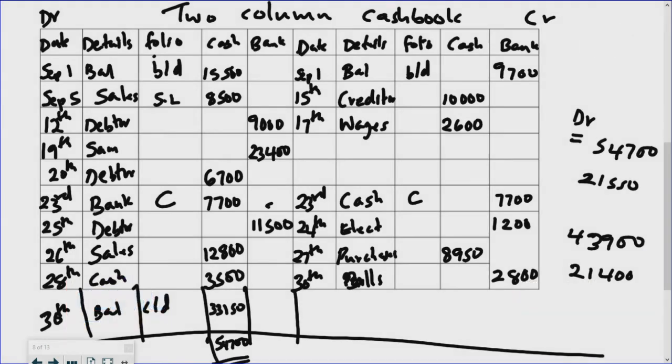What is the difference? 22,500. So it means therefore our balancing figure here is 22,500. So the total is 43,900.